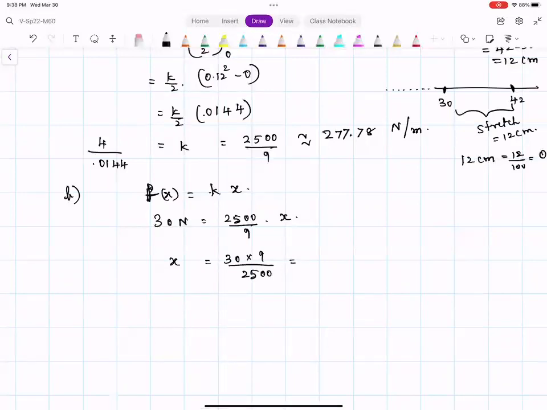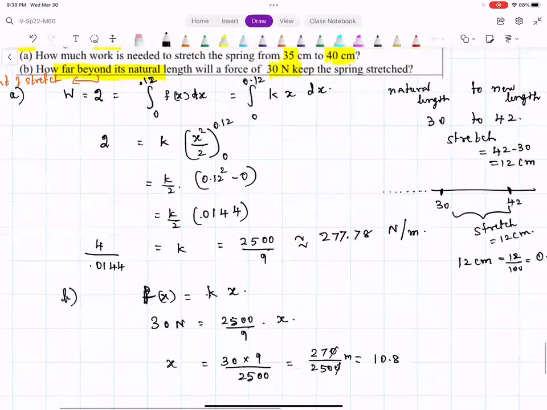30 times 9 divided by 2500 is 270 divided by 2500. If you reduce and find out what this value is, it will be 0.108. And this will be in terms of meters, because the other units in the problem are given in centimeters.